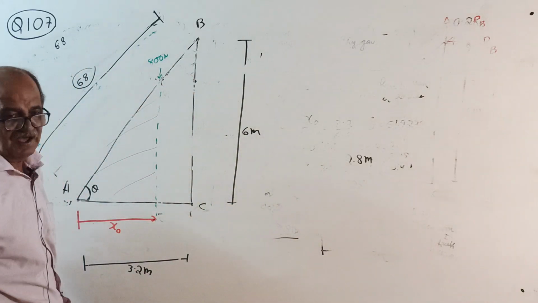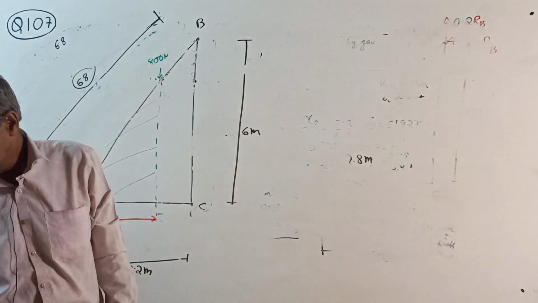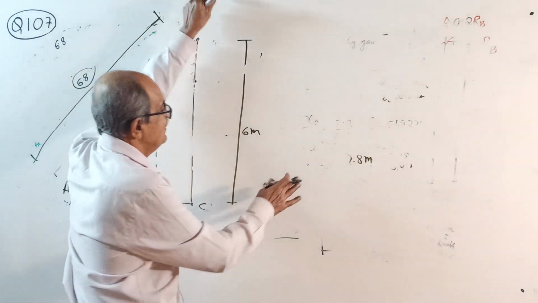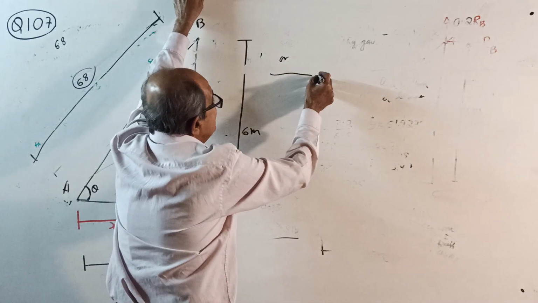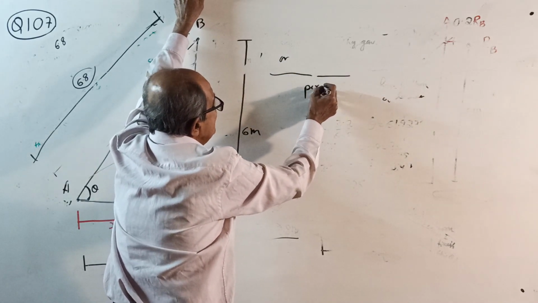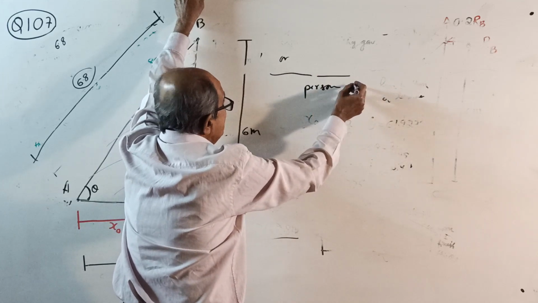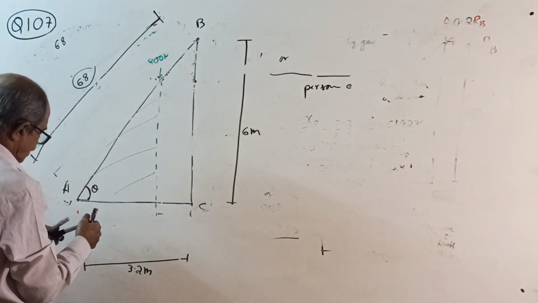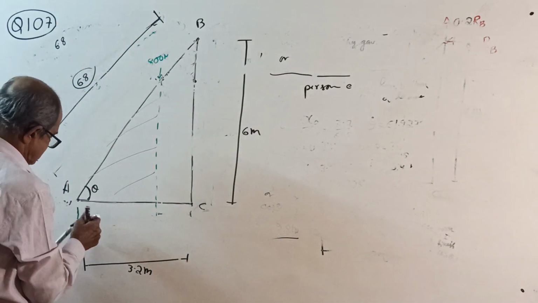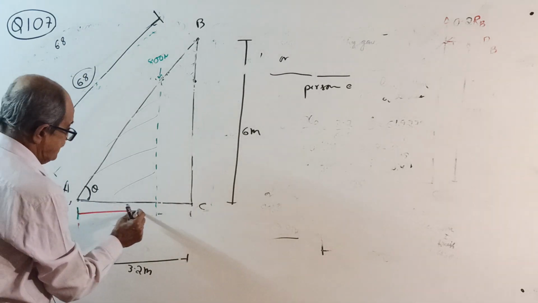Suppose in the question, someone will tell, sir, you are wasting time. Yes, I am wasting time. Or suppose in the question, they give the person's position. We want this x naught here, in red color.